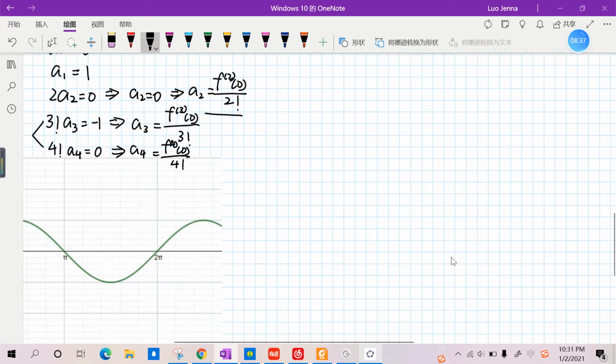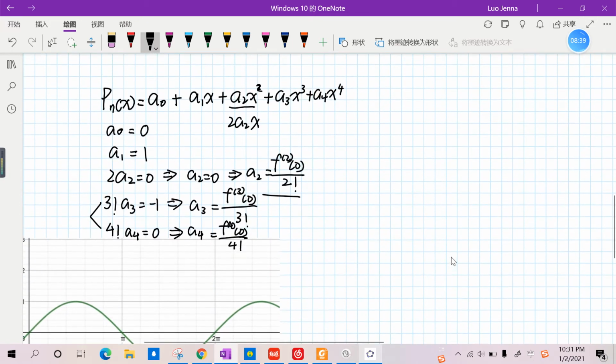So at last, how can we express the approximation of sine x at x equals 0 in Taylor polynomial?